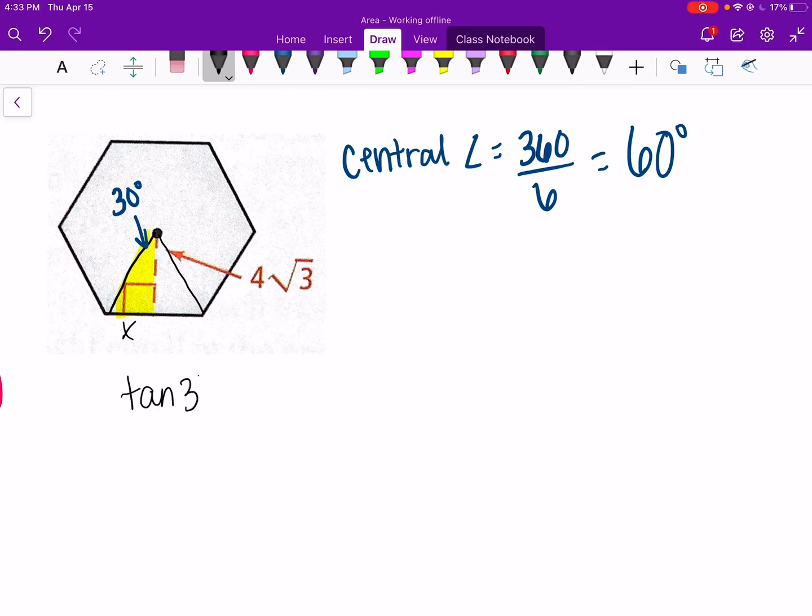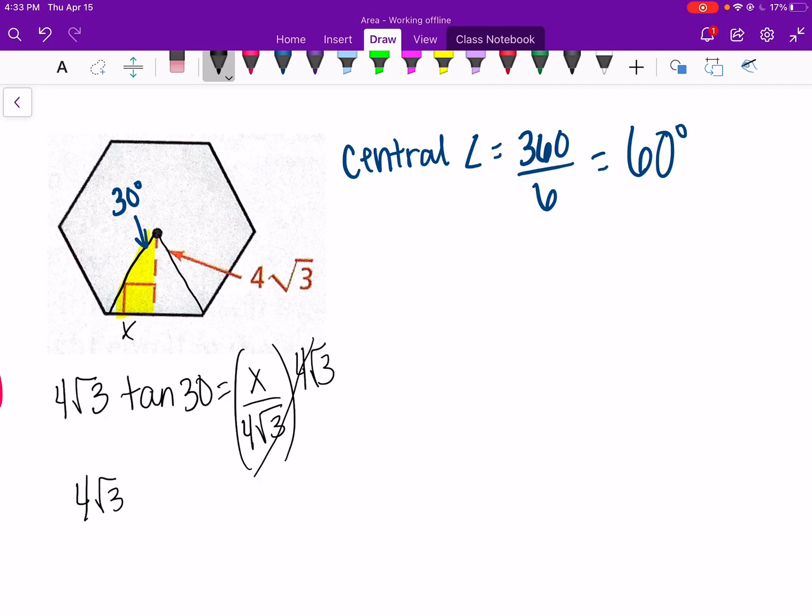So the tangent of 30 degrees equals opposite over adjacent. To solve for that, we're just going to multiply by 4 square root of 3. So 4 square root of 3 times tangent of 30 is x.